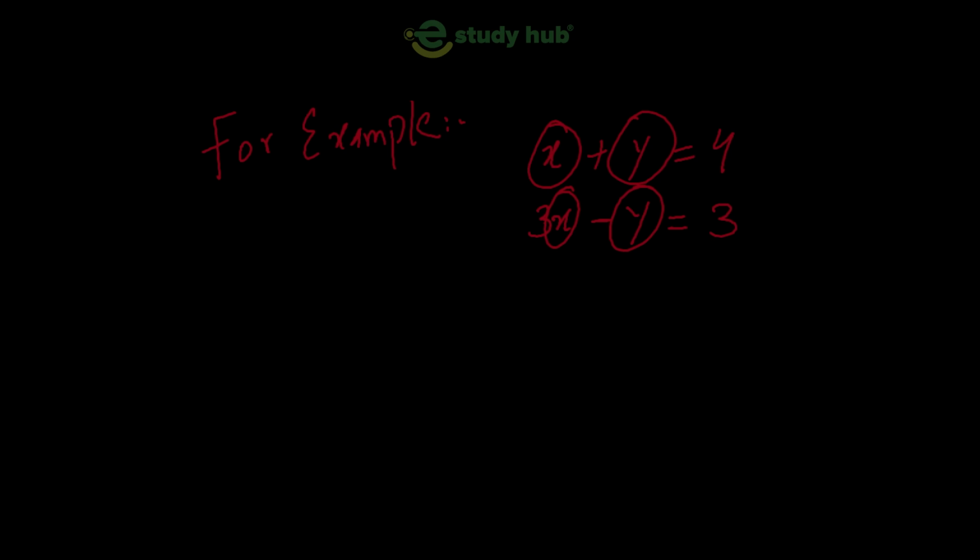So this is an example written there: x plus y equals 4 and 3x minus y equals 3, and we have discussed that x and y are variables. But what about the 4, the 3 and this 3? These we call constants.